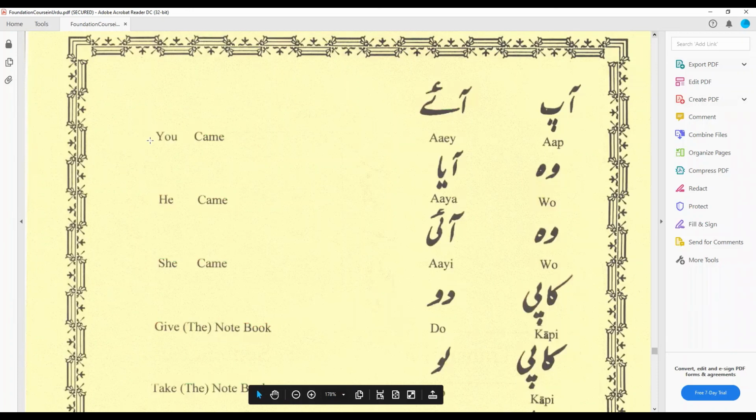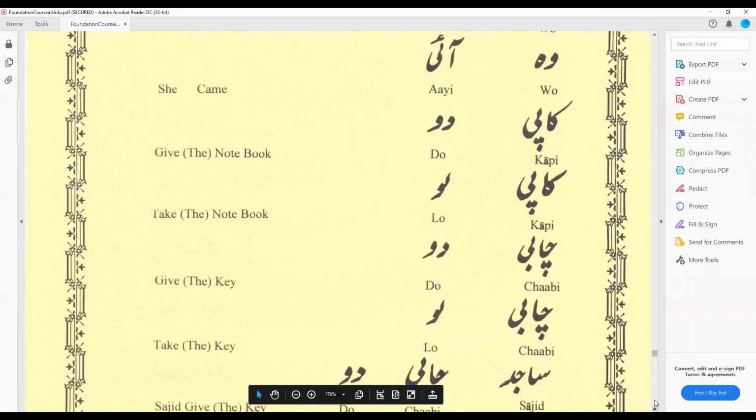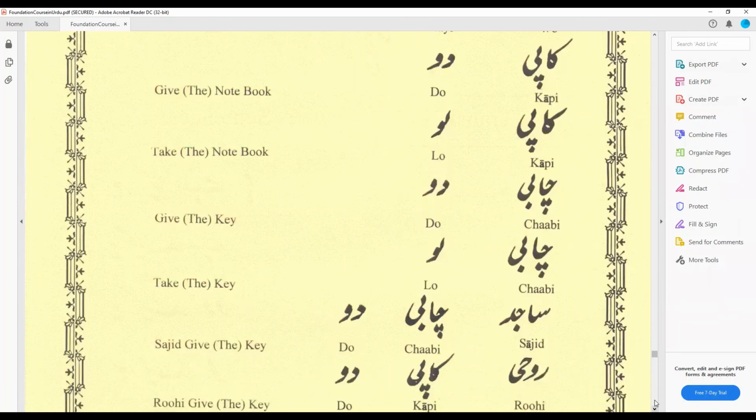Okay. You came. Aap aye. He came. Wo aya. She came. Wo ayi. Give the notebook. Kapi do. Take the notebook. Kapi lo. So you know the do and lo difference. Give the key. Chabi do. Take the key.